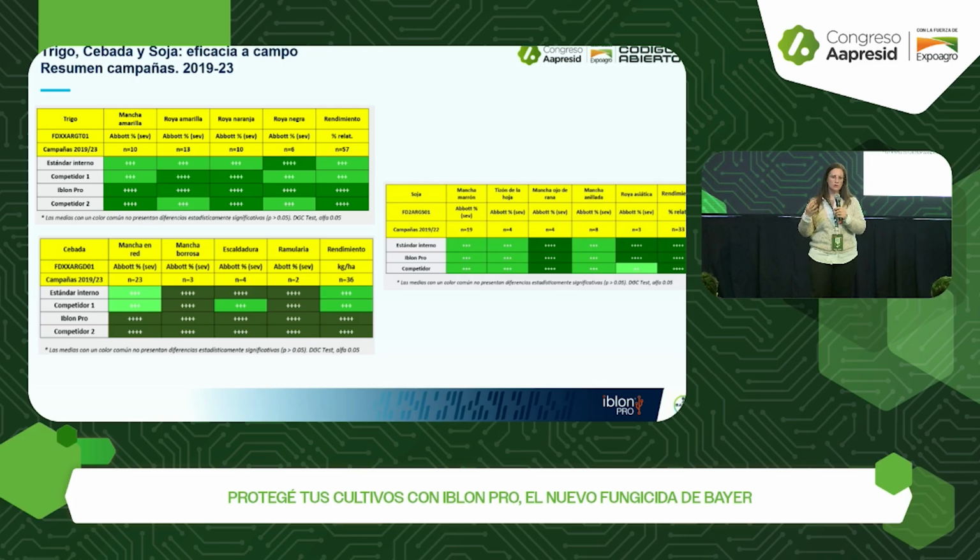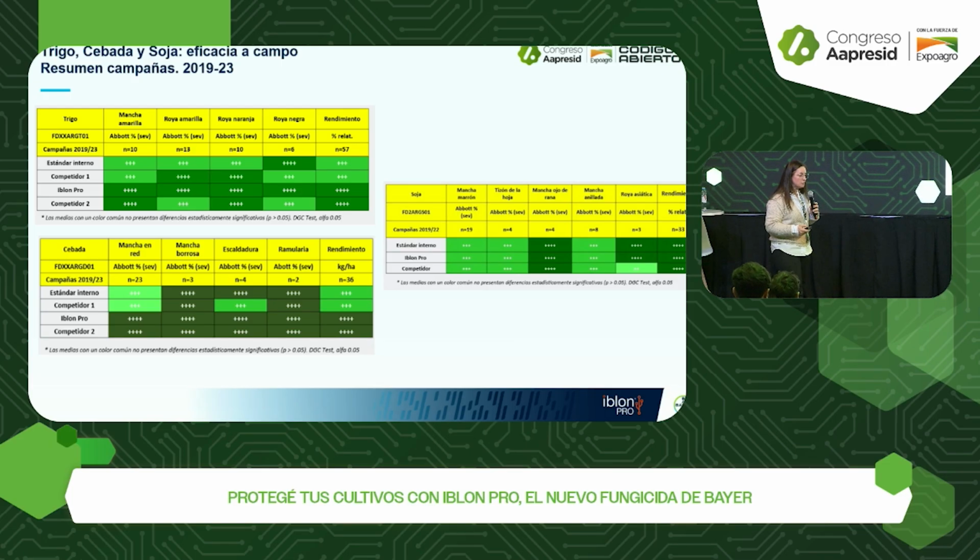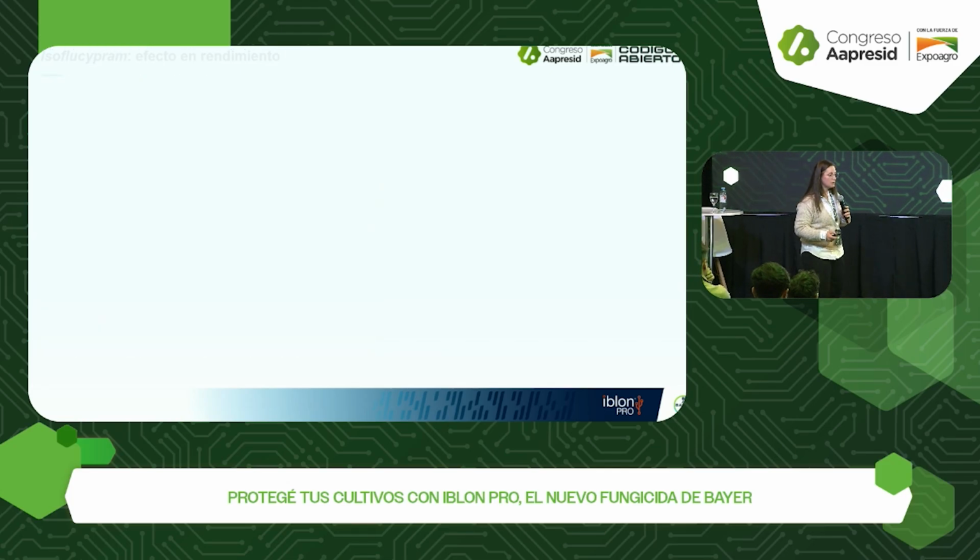And why am I pointing this out? Because this combination makes it a perfect product to generate this efficiency in disease control and this efficiency on yield increase, and especially it is long-acting. In this way, I'm making sure that I have a sustainable leaf disease control system.